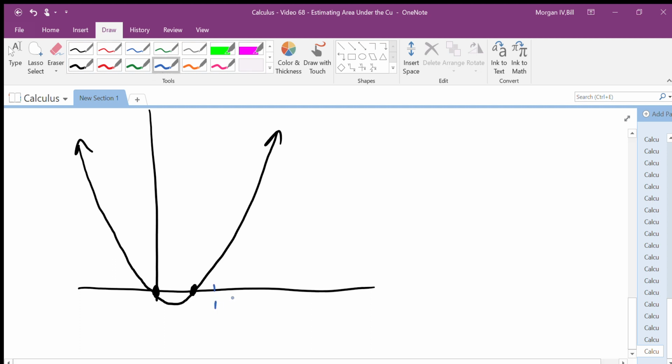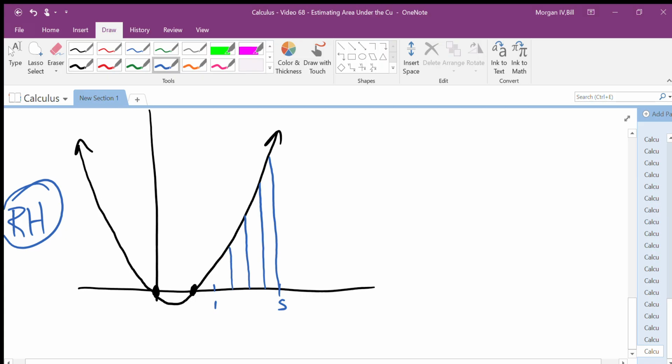Again from 1 to 5. But now when I draw my rectangles, I want to use the right-handmost point to get the height of each rectangle. It will look something like this.